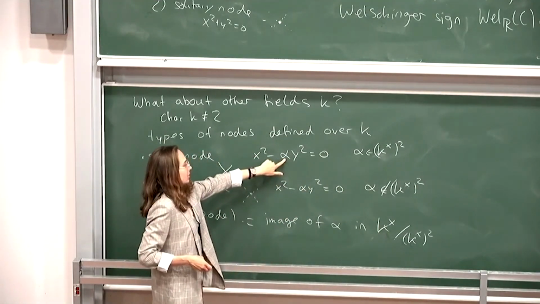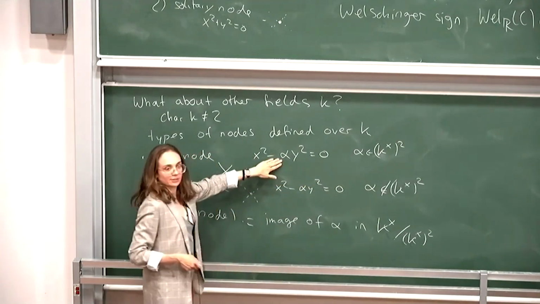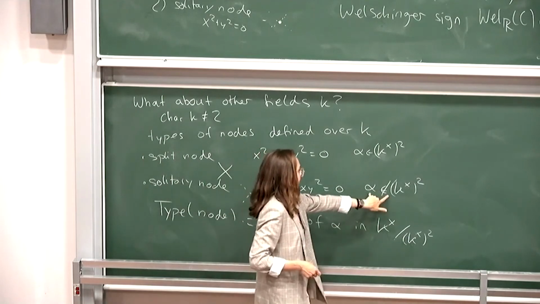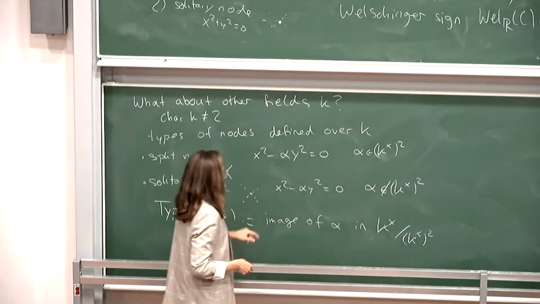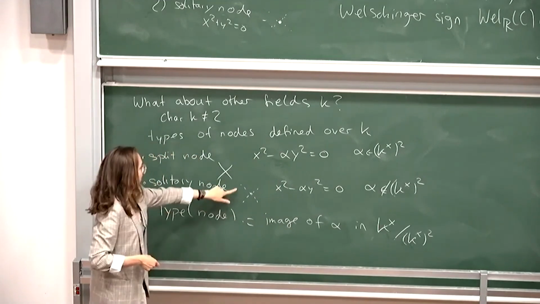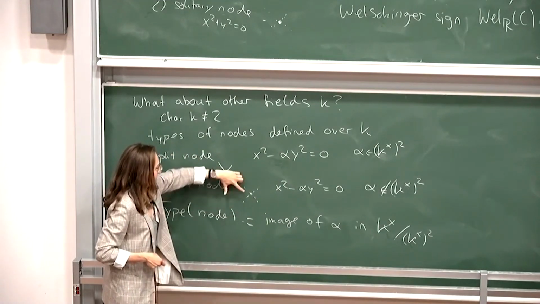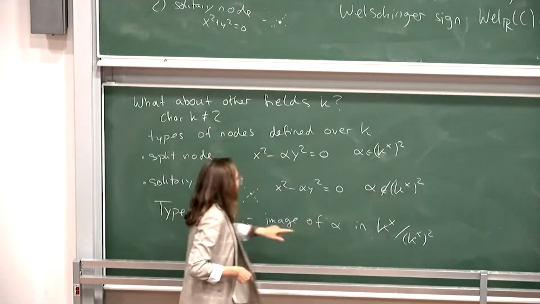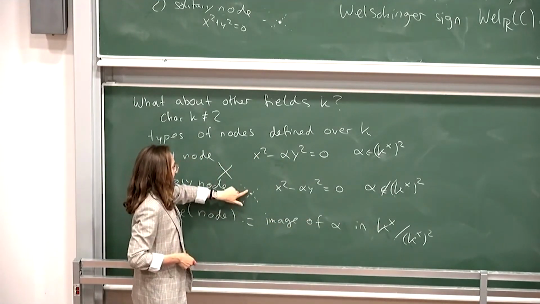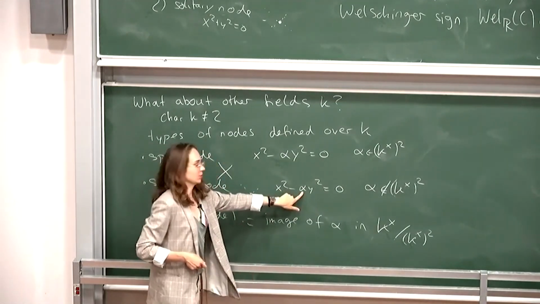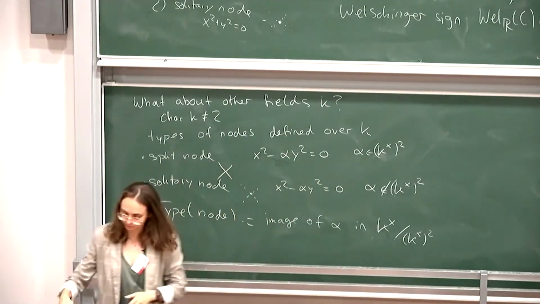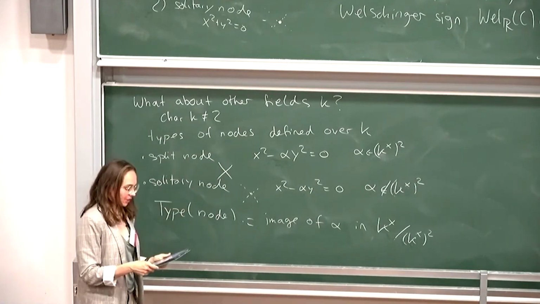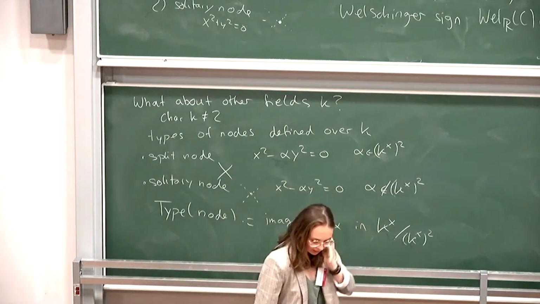If this is a split node, I can also replace alpha by 1, so this is really just the same class, but here there could be different classes. And here this type really tells you where these branches will be defined over a quadratic extension of k, and this type tells you exactly which square root you have to join, namely the square root of alpha. So I claim that this is the natural generalization of the type of a node.